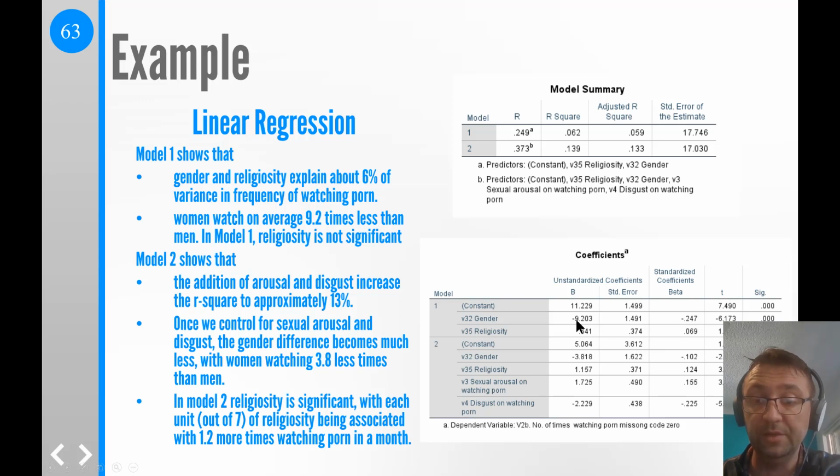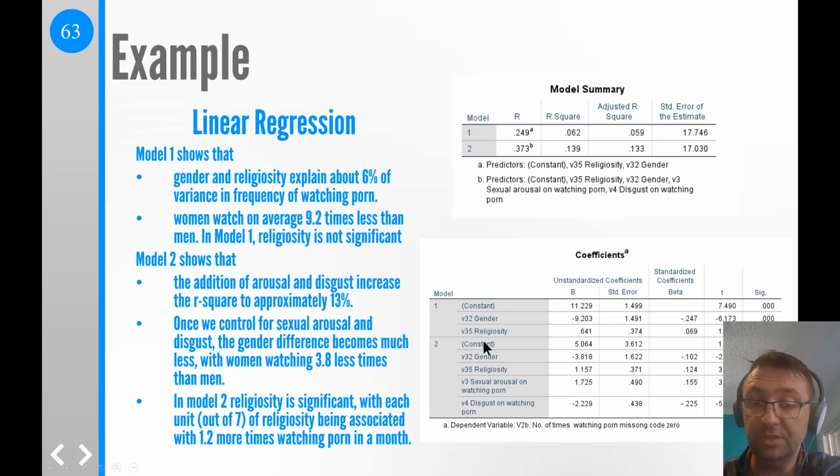And gender, as we know, is negative, so women, which is a 1, watch porn about 9 fewer times per month. With a constant here of 11, so men would, because the religiosity still has an effect, these numbers are a bit different to the other ones, but in this model, men watch 11 times, women watch twice.